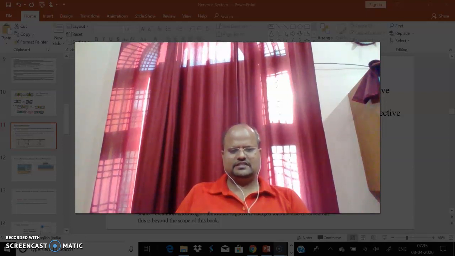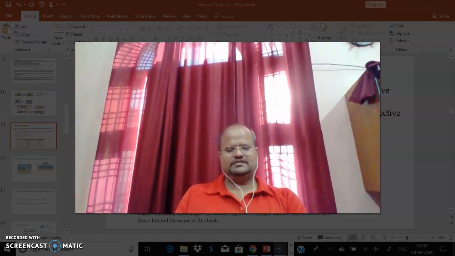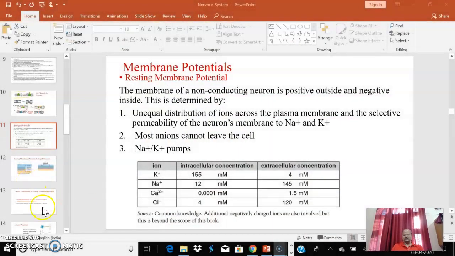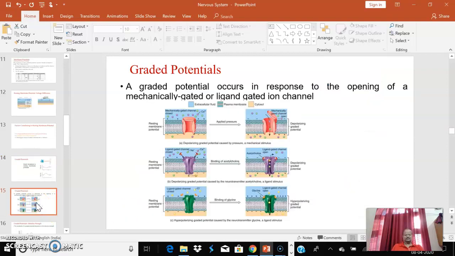When they combine and become stronger, this is known as summation. And when two different potentials in opposite directions sum, they cancel each other.